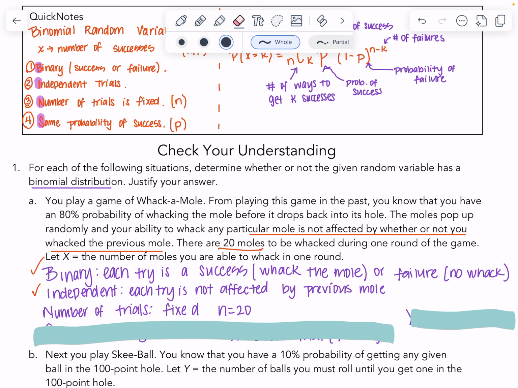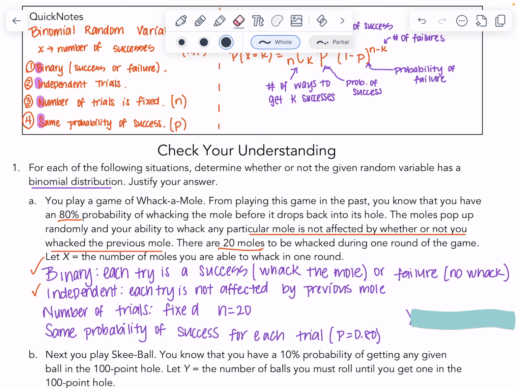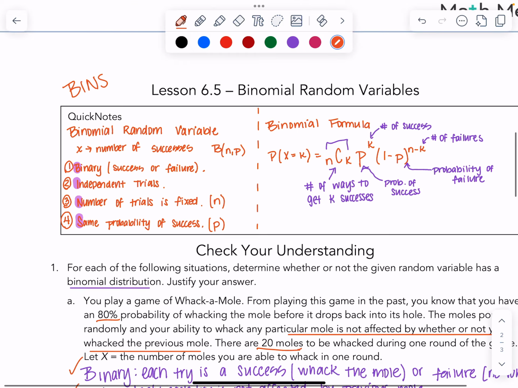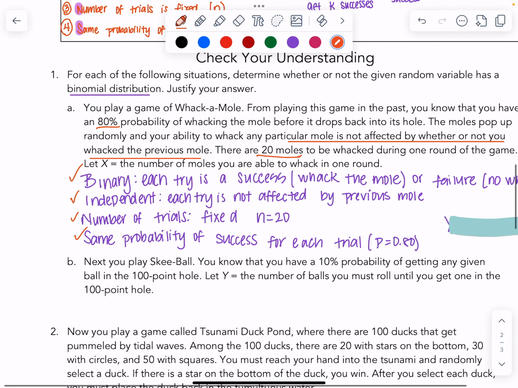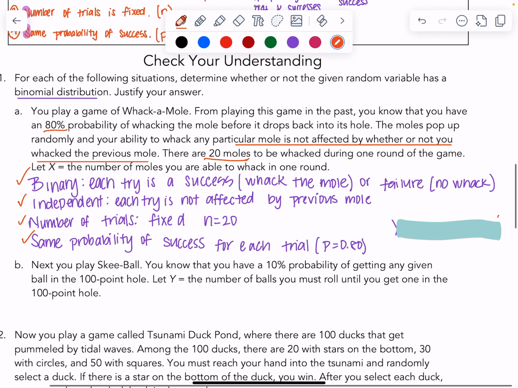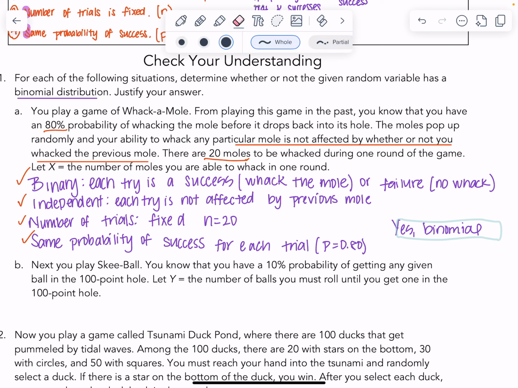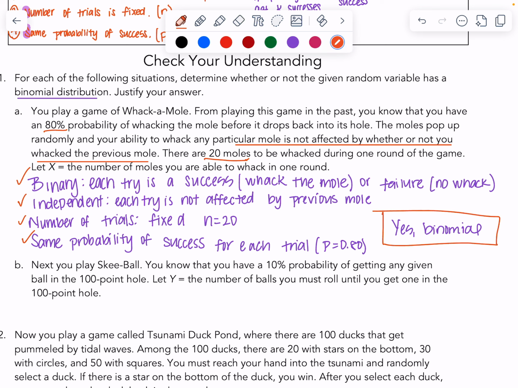And then last, the same probability of success, 80% probability for each try. And so that is 0.8. So as long as these 4 conditions are met, which they are, then yes, we can say we have a binomial setting. So you do have to verify all 4 of these and then state your answer, which is yes, this is a binomial distribution.